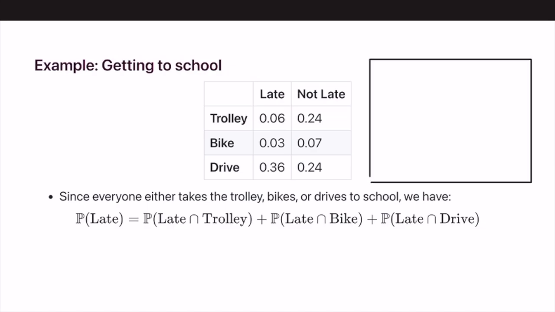So this is our probability space S, and in here we have 3 outcomes, or 3 partitions. You either took the bike, the trolley, or you drove.